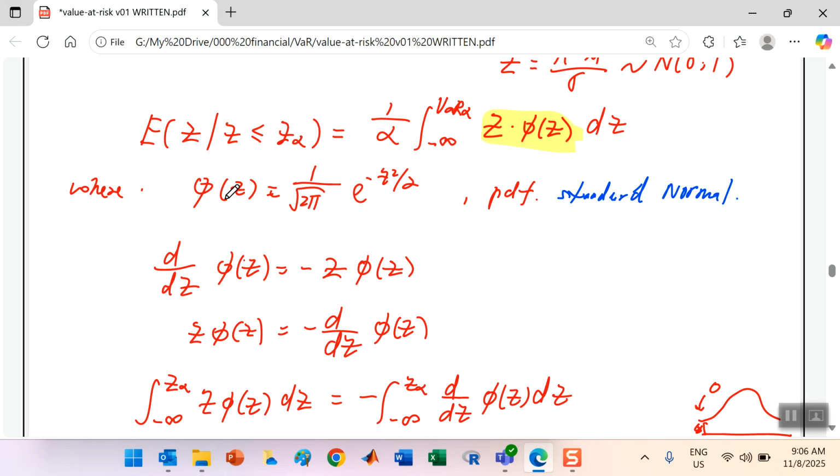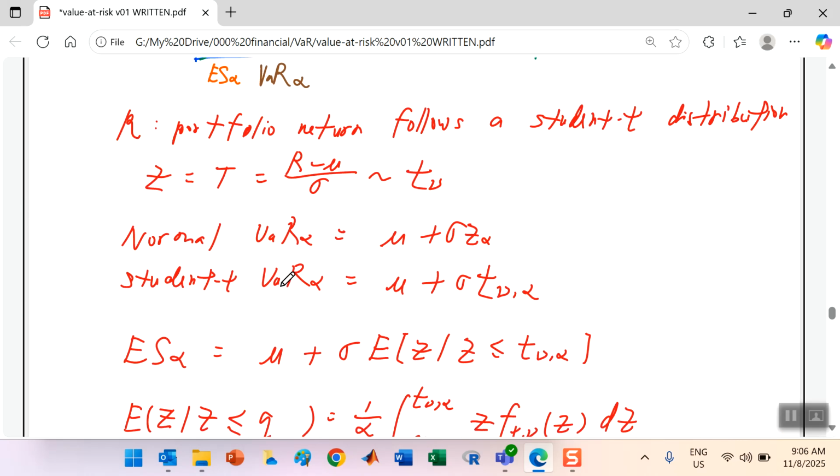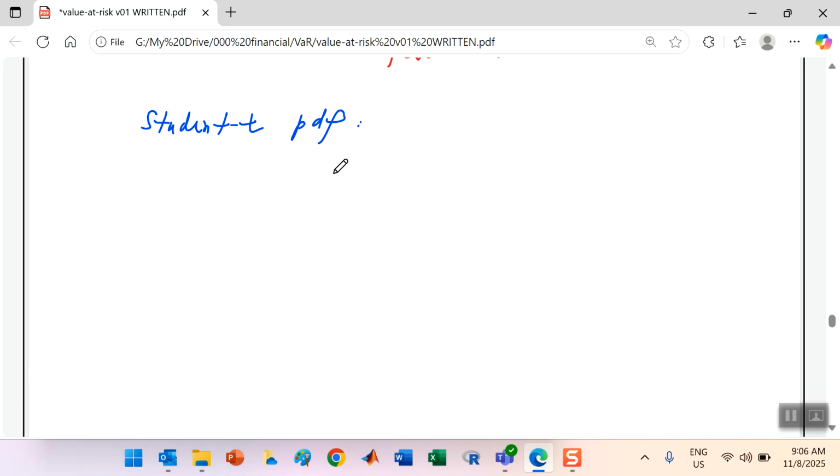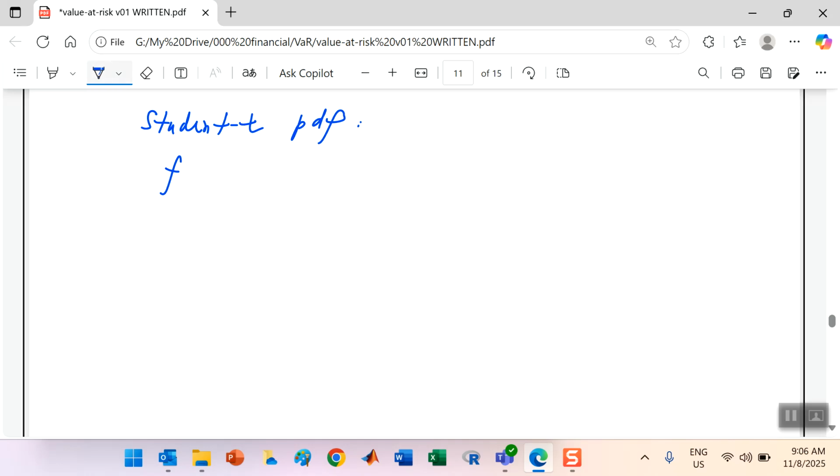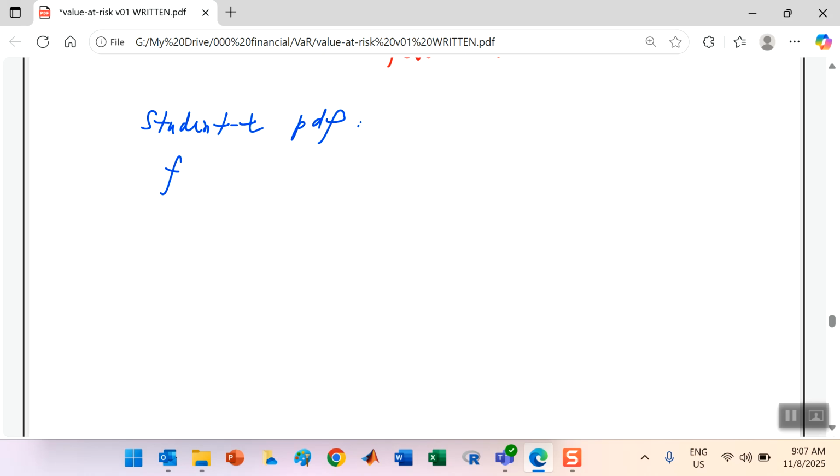Now, if you use the student T, then you must use the PDF of student T, f of mu with alpha, or you can say this is mu. So for the z value, instead of using t, we use z here. So you have gamma of (mu plus 1) over 2, over the square root of mu pi.